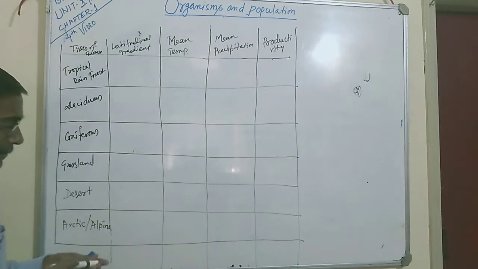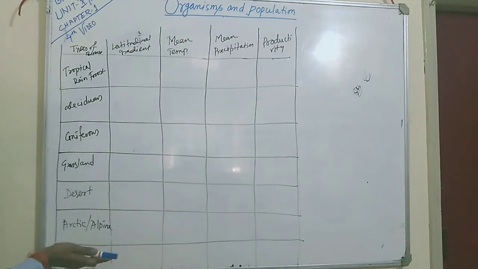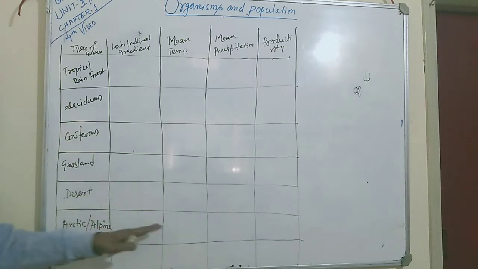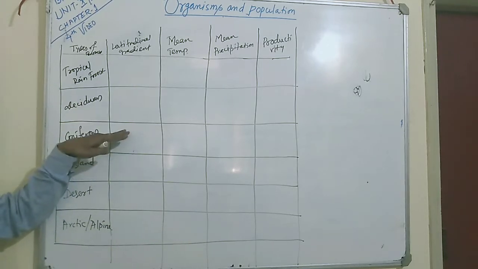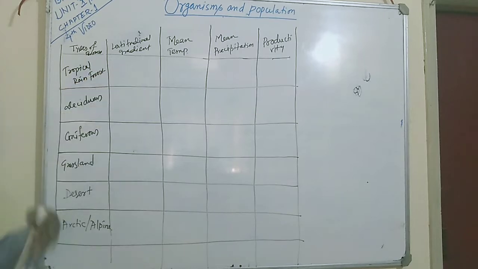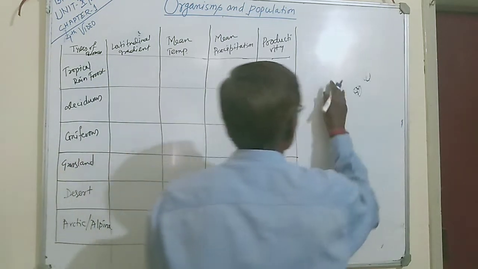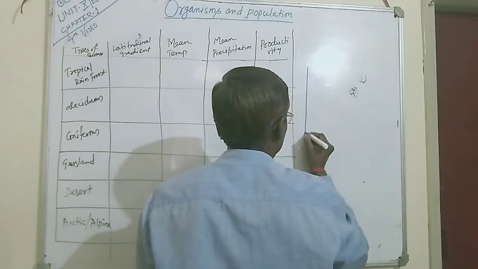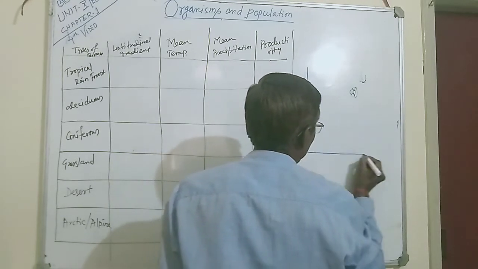We start from the lower level: the Arctic and alpine, then desert, then grassland, then coniferous, deciduous and tropical, because of this graph of NCERT.